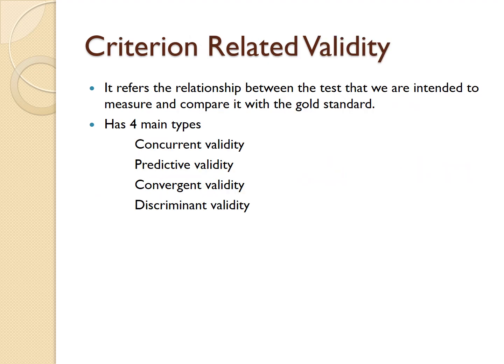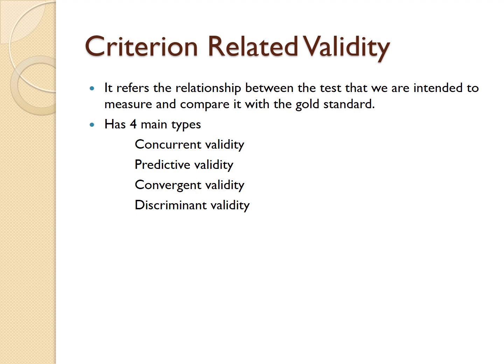Okay. What about the criterion related validity? Criterion related validity refers to the relationship between the test that we intend to use and the gold standard. This type of validity is used to measure the ability of an instrument to predict future outcomes.